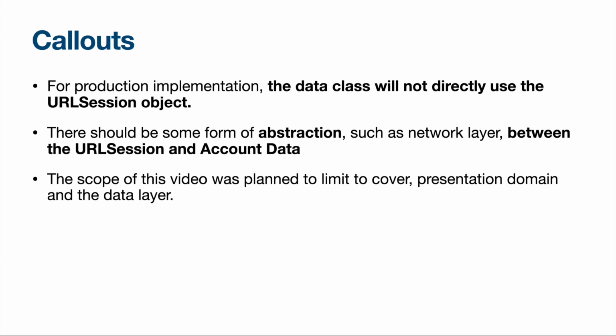There should be some form of abstraction. The scope of the video is planned to cover the presentation domain and data layer, not extensively looking into the other parts that would come in a production ready application. It's not planned. It could potentially be a later session.